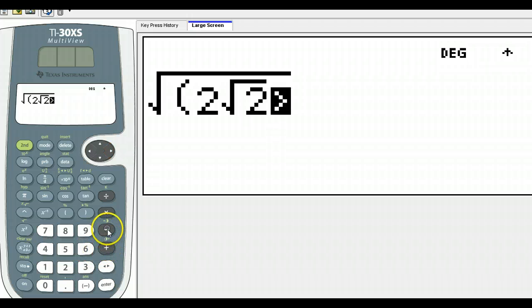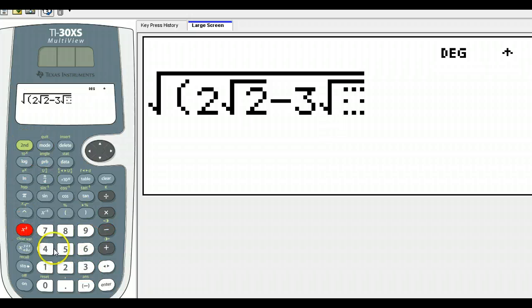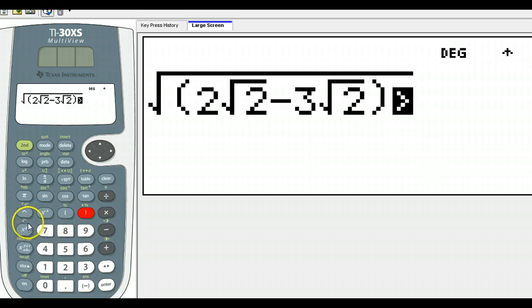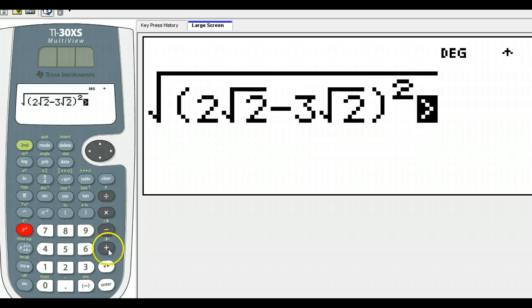So 2 radical 2 minus 3 radical, did it again. 2 radical 2 minus 3 radical 2. I'm under the radical. I hit the arrow key. I'm not under the radical anymore. Very important. Close that parentheses and square it.